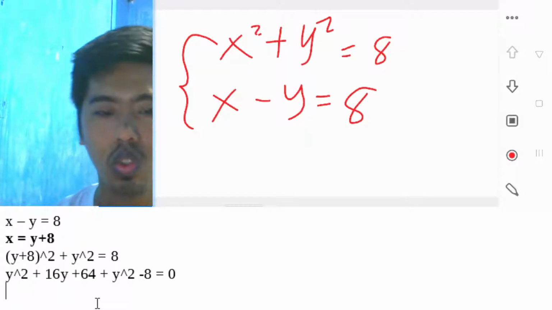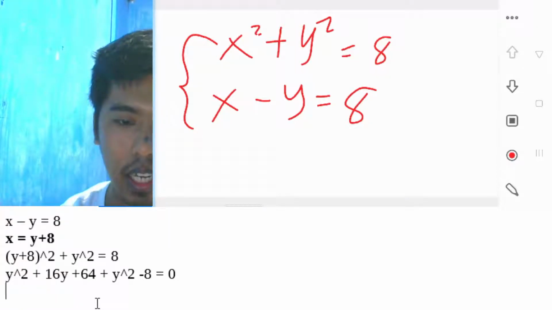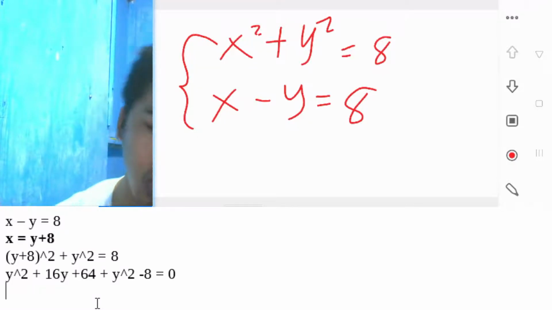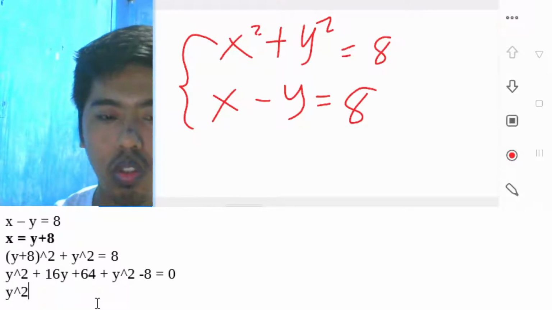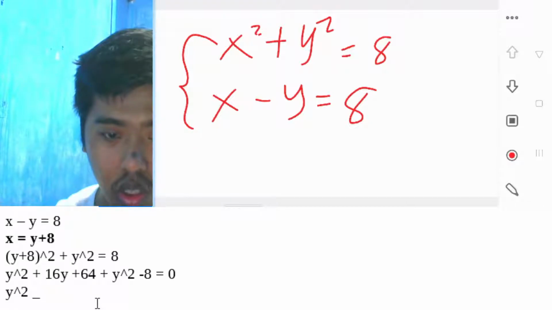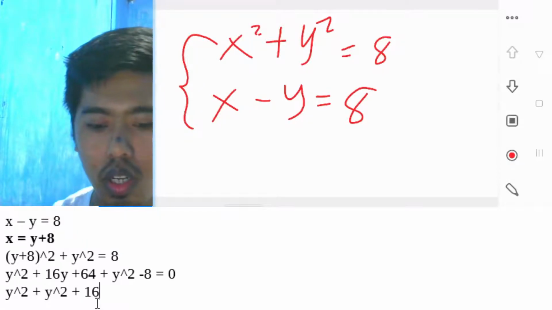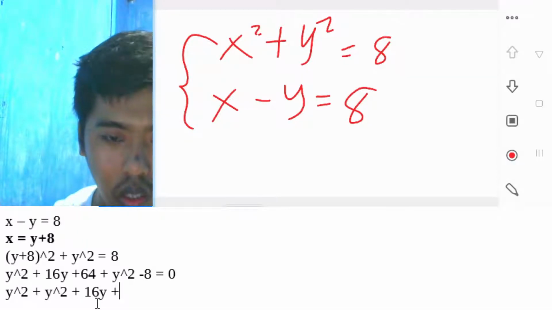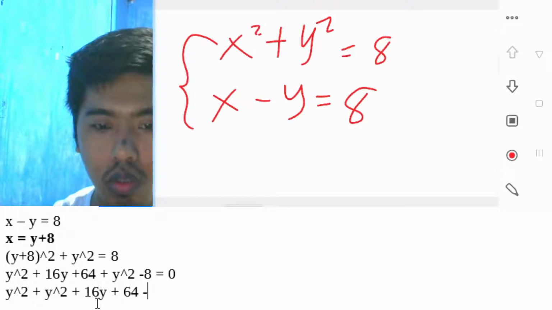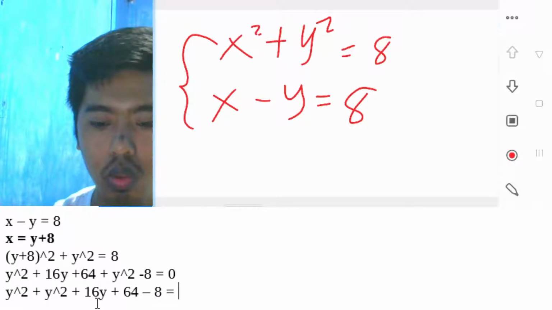Okay, so after that, add like terms, or just arrange first if you want. So let me arrange it first. y squared plus y squared plus 16y plus 64 minus 8 equals 0.